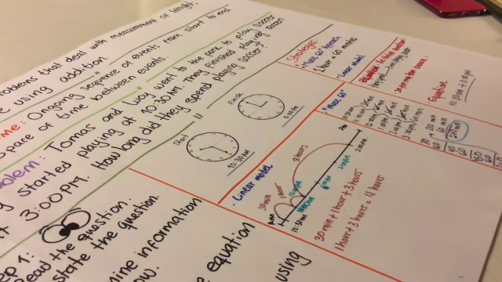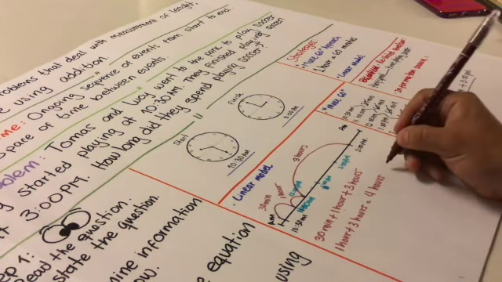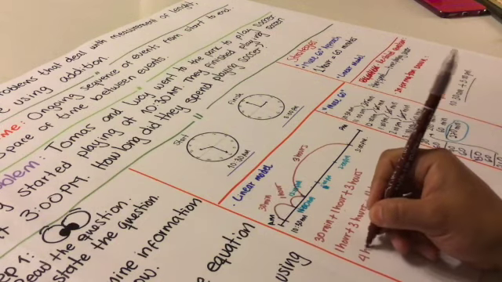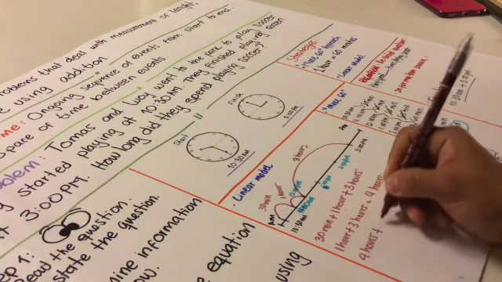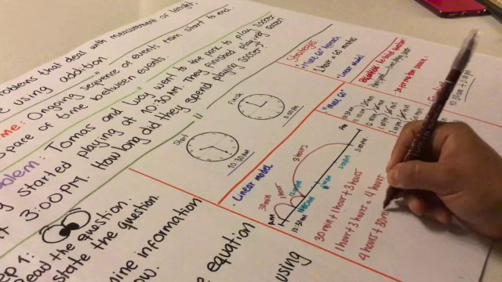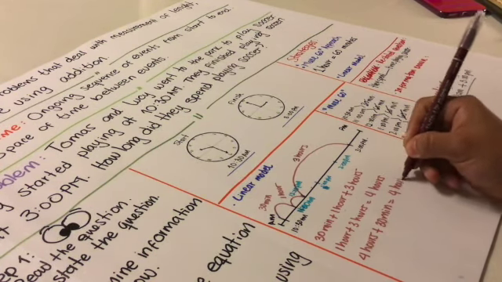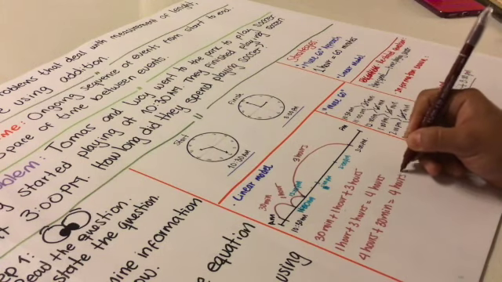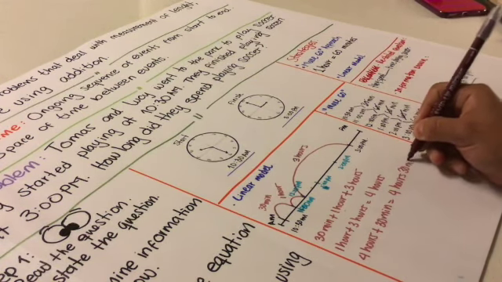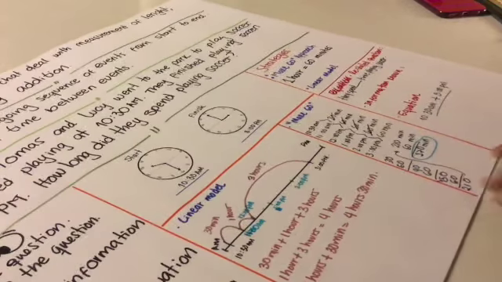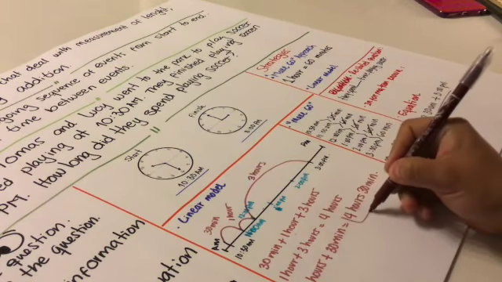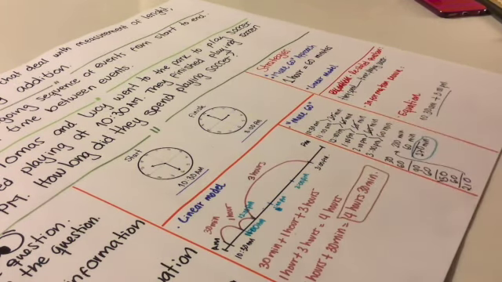Okay, now I'm going to add the minutes. 4 hours plus 30 minutes is equal to 4 hours and 30 minutes. So then I know here that they spent playing soccer 4 hours and 30 minutes.